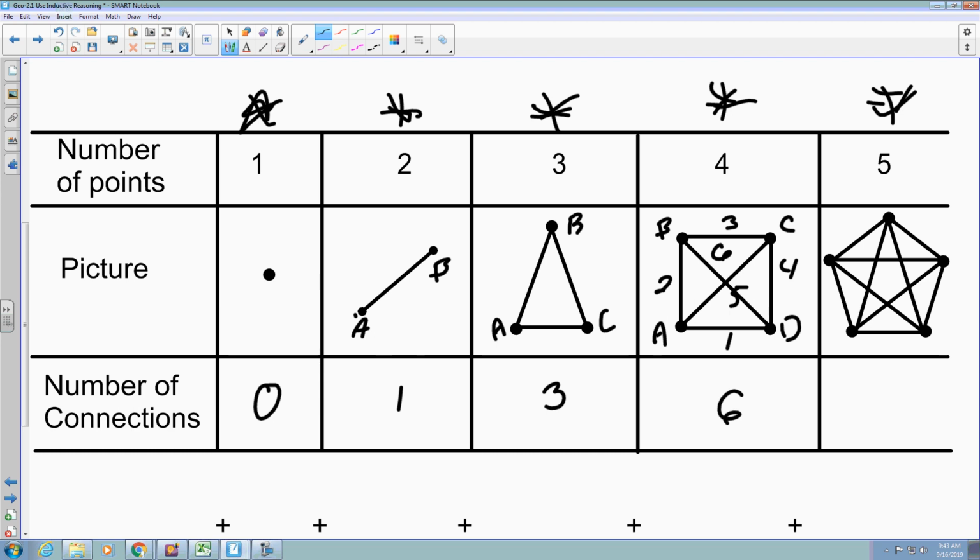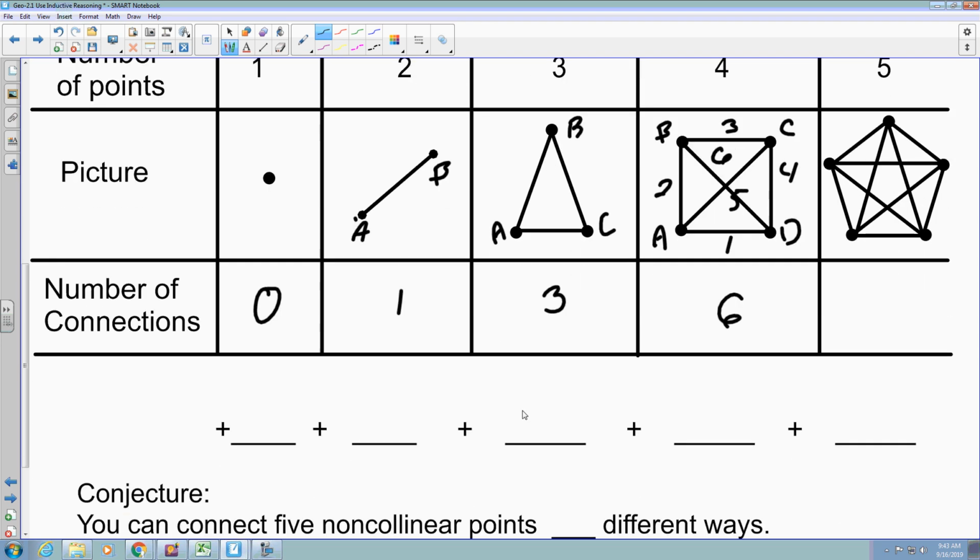Then it gets a little more challenging because of more line segments, but we can now start to form a pattern. So if you look here, what did I have to add to 0 to get 1? If I took 0 plus 1, that gives me 1.